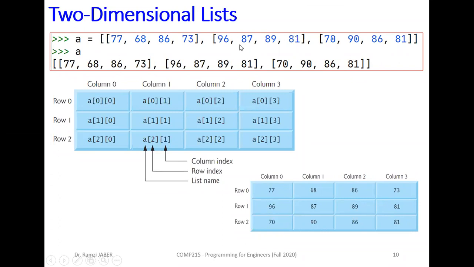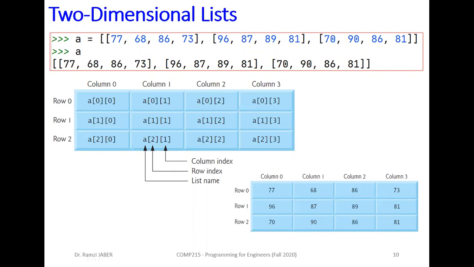When we want this 89, it will be A1 2, here, 89.